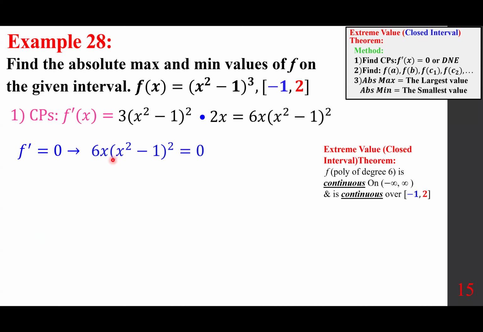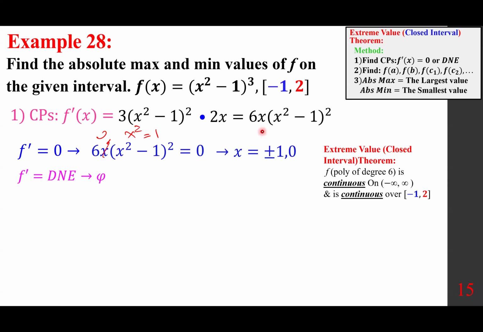Either x is 0 or x squared minus 1 is 0. So that means either this one is 0 or x squared equals 1. So plus or minus 1 and 0. f prime doesn't exist gives us no solutions because f prime itself is a polynomial, of degree 5.